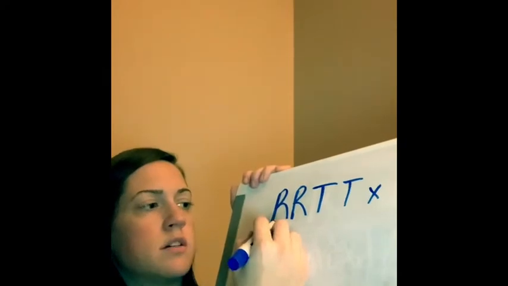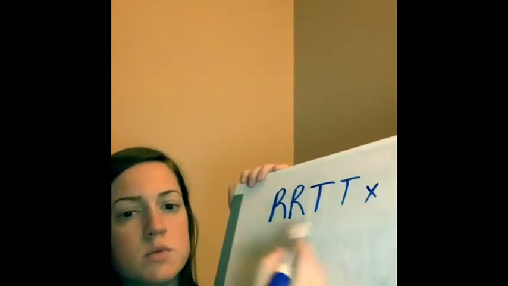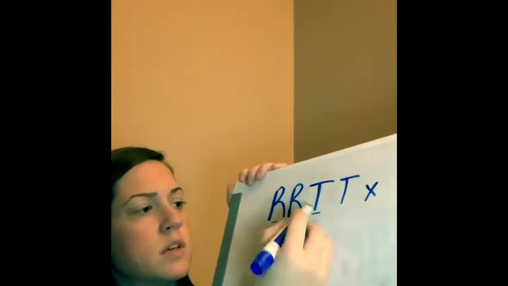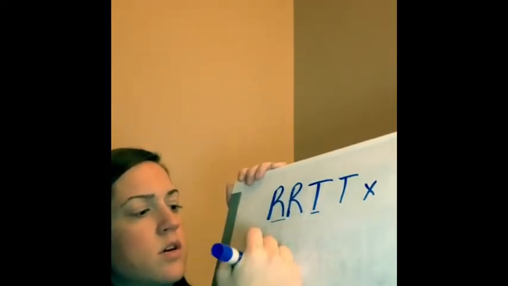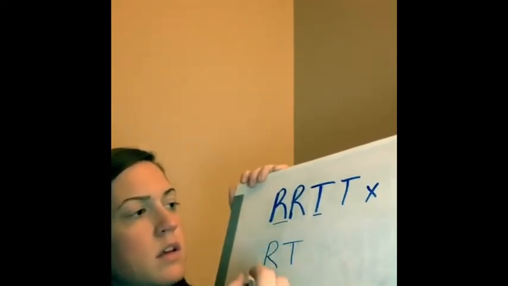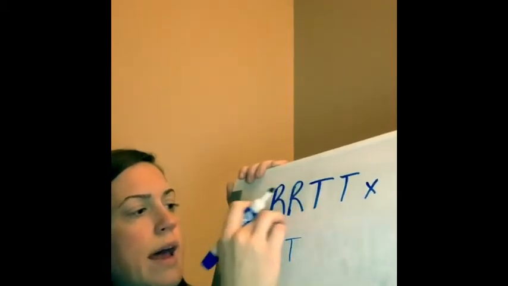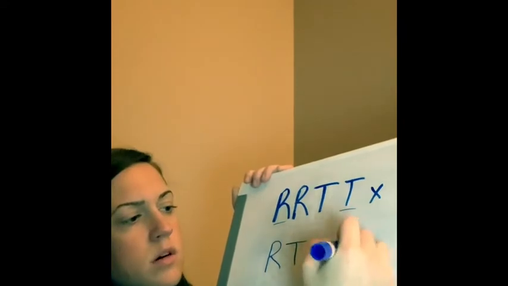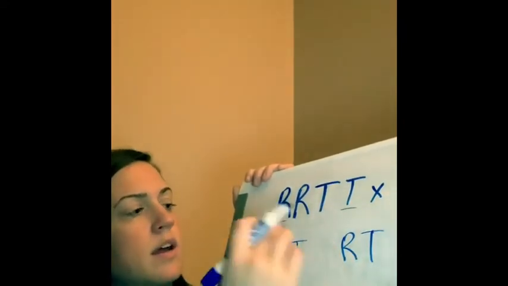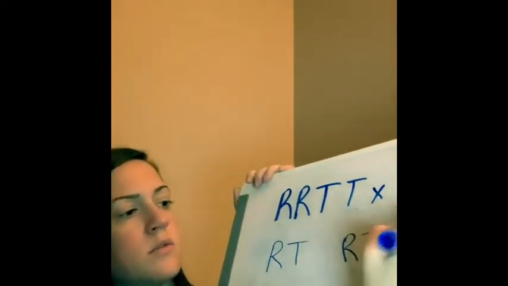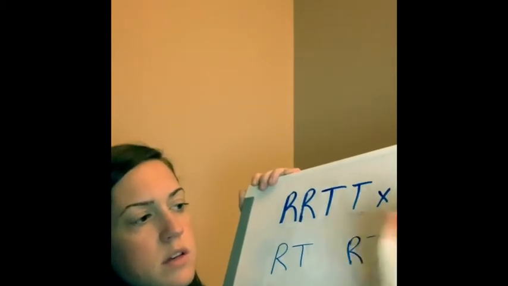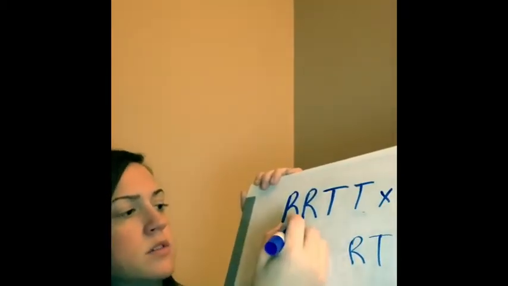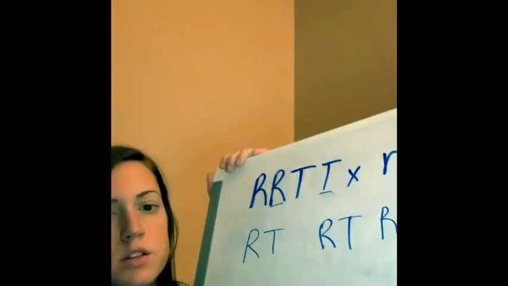So the way we do this is the full method. To get our different combinations for just this one, we do the first in the genotype, so that's RT. You do outside, which is also RT, and you do inside, which would also be capital RT, and then the last two.